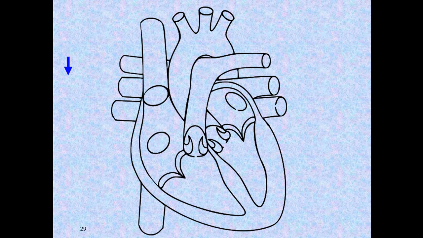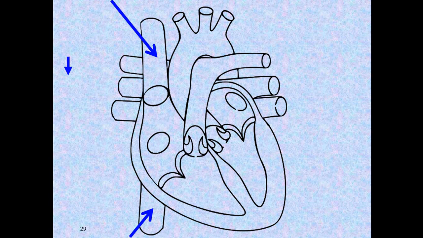Again, focus with me here in this photo. Please focus. Start. Okay, now the blood will be collected from all body cells by two veins, the superior and inferior vena cava.